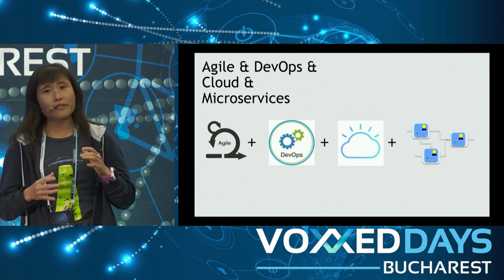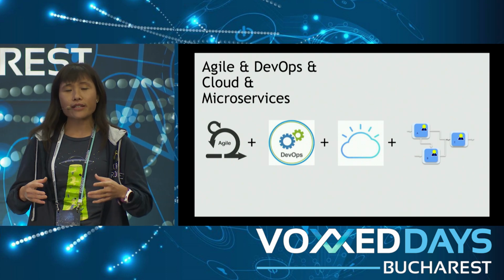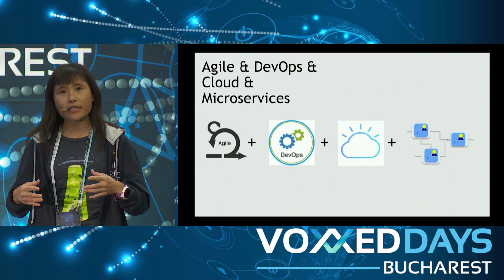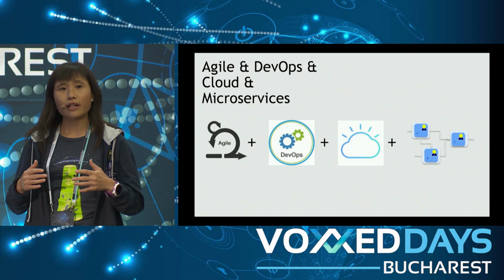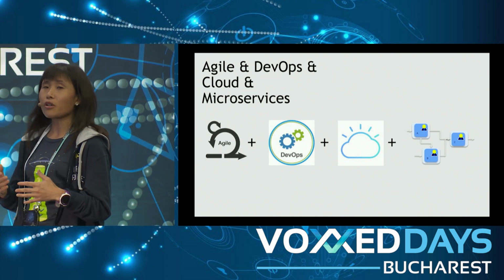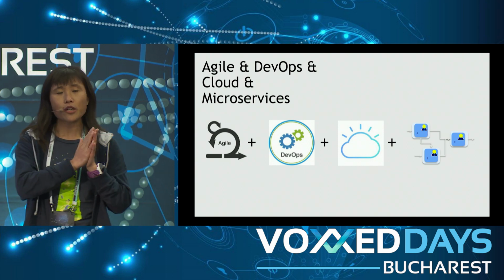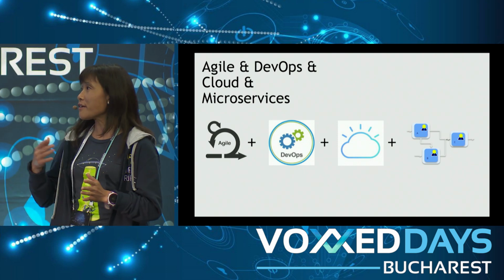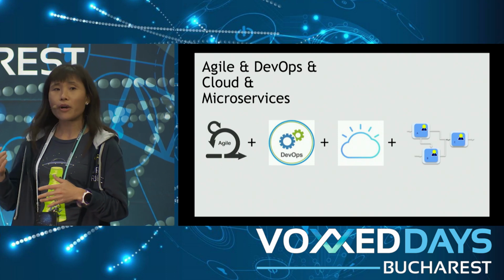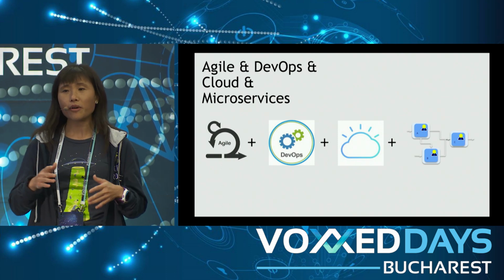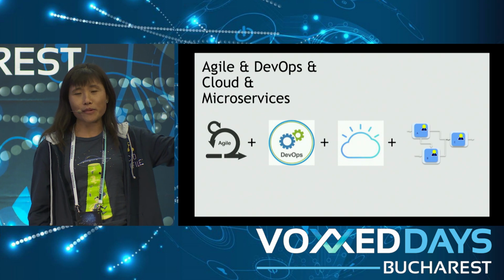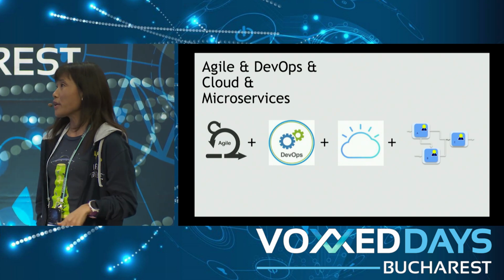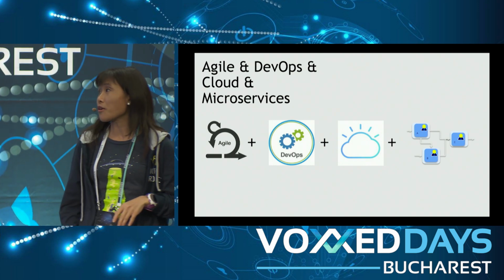So we asked ourselves, what have we done wrong? That's because we're too slow. We're too slow to the market. We need a faster process. So that's why we went to Agile. Who is using Agile at the moment? Okay, great, pretty much most of you.